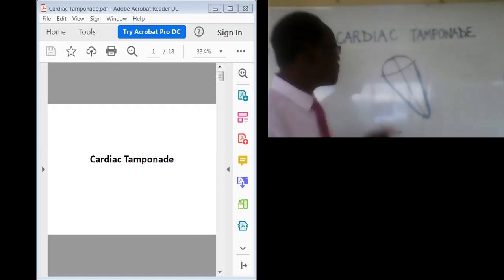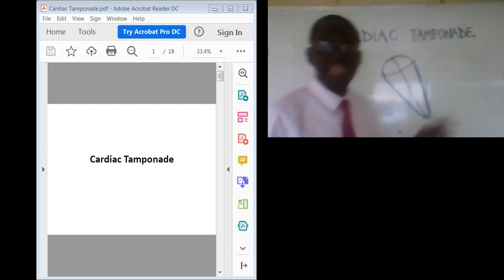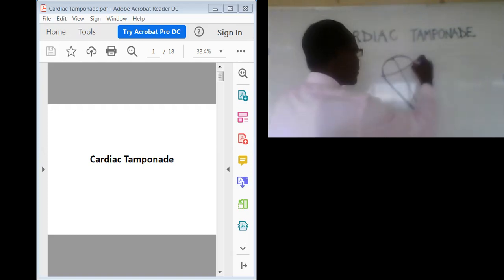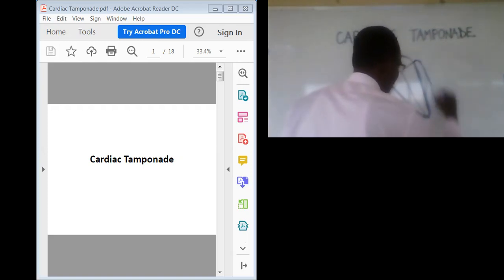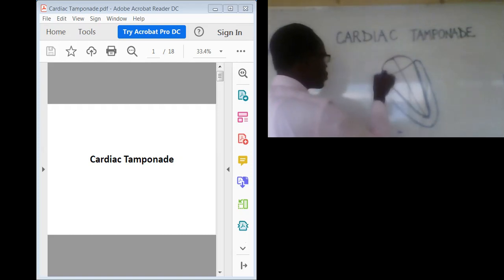Now, that visceral layer is continuous with another layer which attaches to the other adjacent structures of the heart.